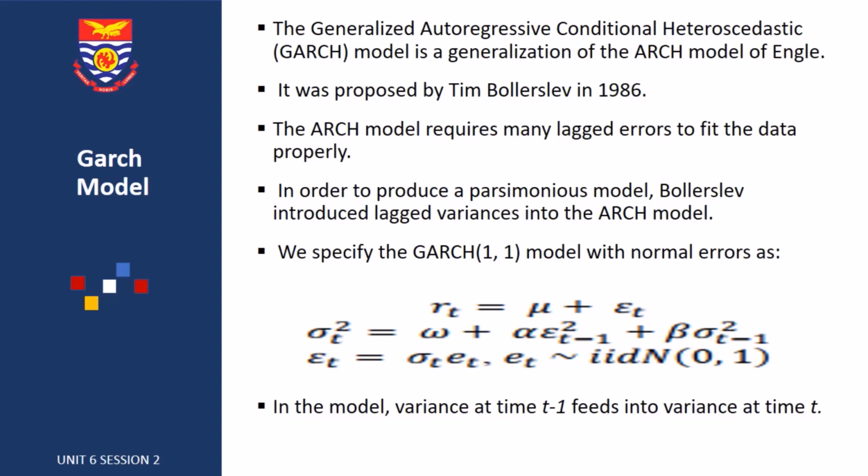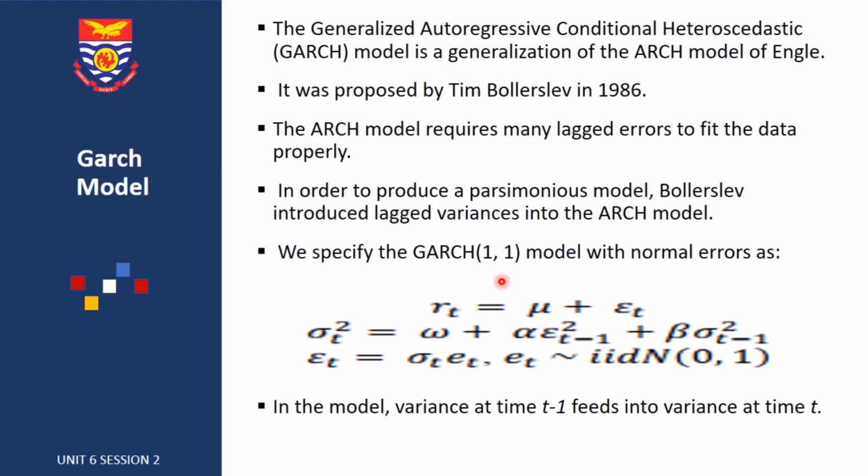For example, it could be observed that in the stock market, return series in periods of volatility tend to be clustered, or dependent on each other. The main aim of the GARCH model was to bring about parsimony in the ARCH model. So we specify the GARCH(1,1) model.